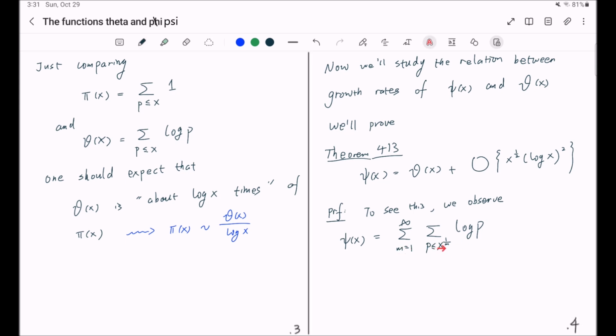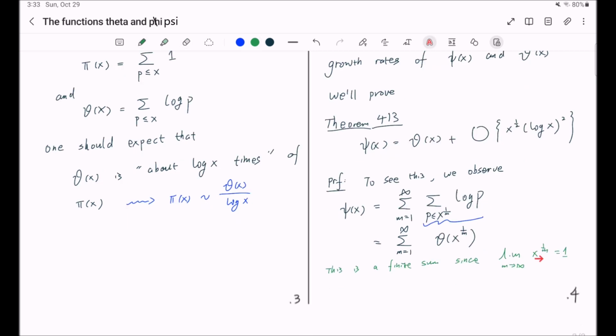And how is this related to theta? You can see from this part. So this part is precisely equal to theta of x to the 1 over m. So psi of x is equal to the summation for m from 1 to infinity of theta of x to the 1 over m. This looks like an infinite sum, but it is indeed a finite sum, as we commented before.